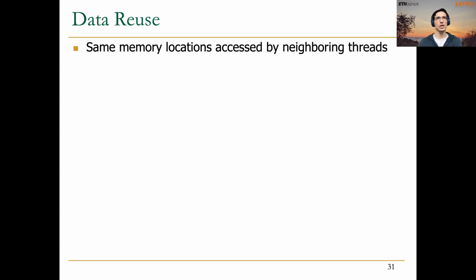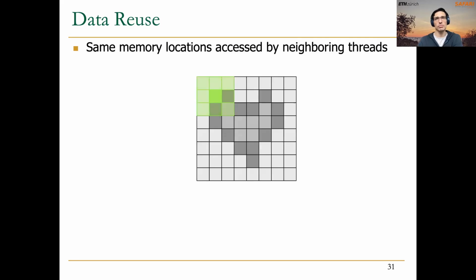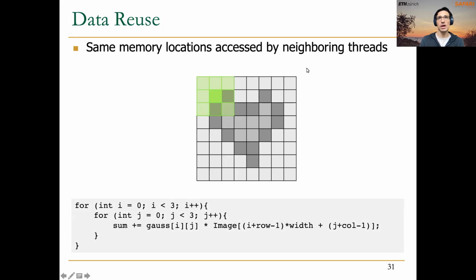Let me give you a very brief and simple example for a start. This is the image that we showed in the previous slide, and what we want to do in this slide is to apply a Gaussian filter to this image. The way that we apply this Gaussian filter is by applying this mask that is 3 by 3 in this specific example to all the pixels that belong to this image.